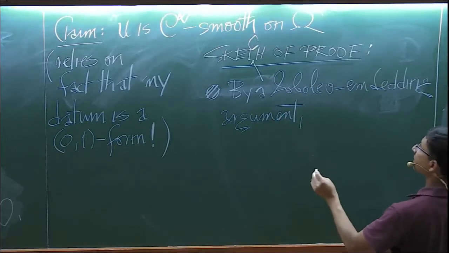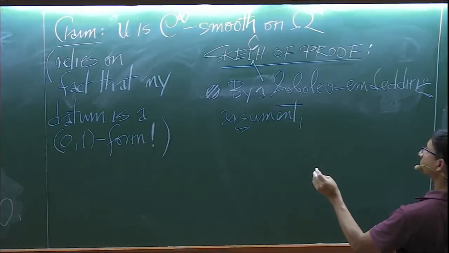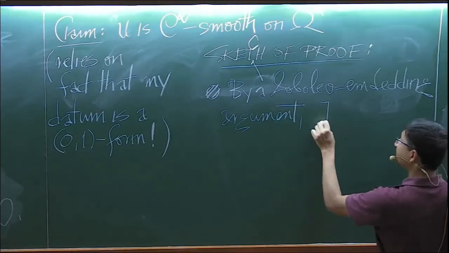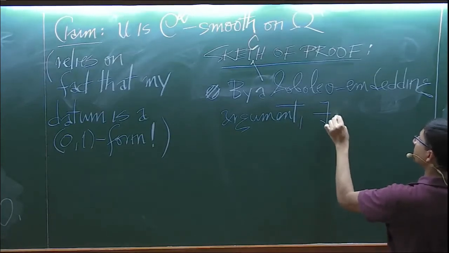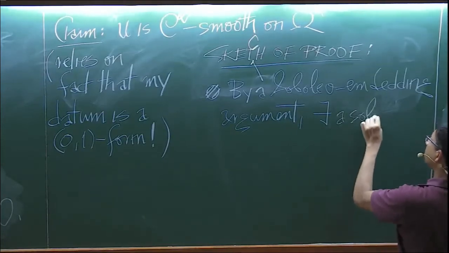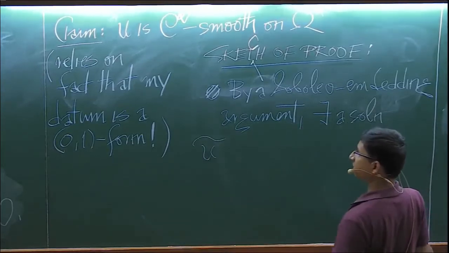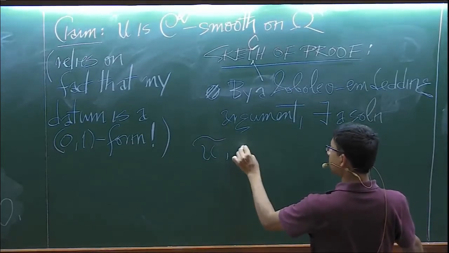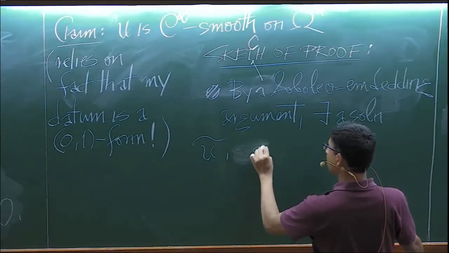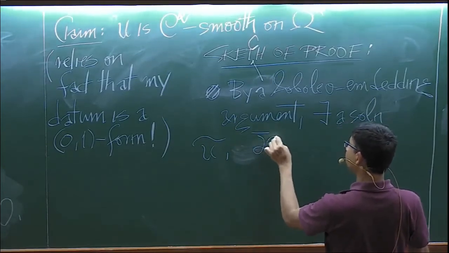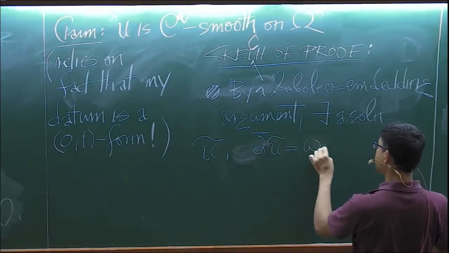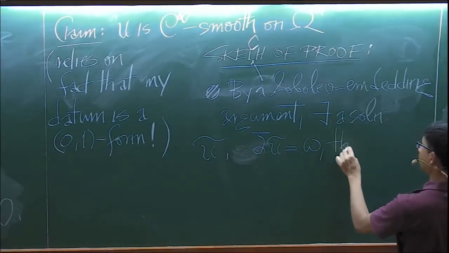We have that there exists some solution U tilde, d bar of U tilde equal to omega, that is smooth.